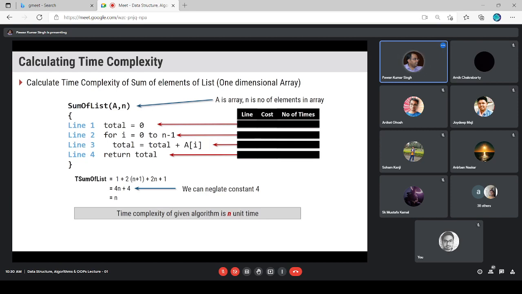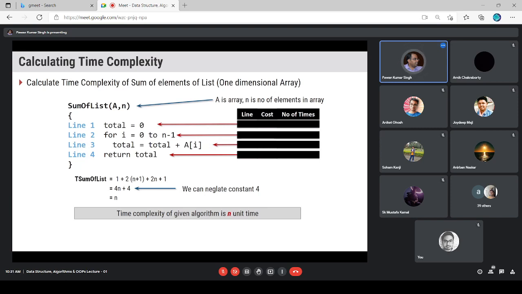For line number 1, the cost is 1. Cost is the running time, the time it takes for executing that line. The cost is 1, and the number of times it will iterate is also 1. For the second line, the cost is 2, and the number of times this loop will run is n plus 1.